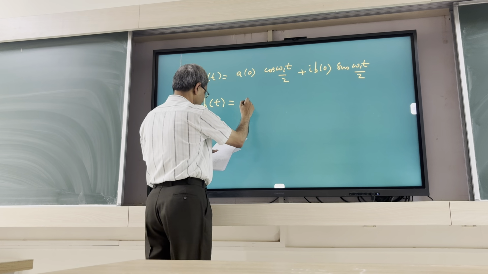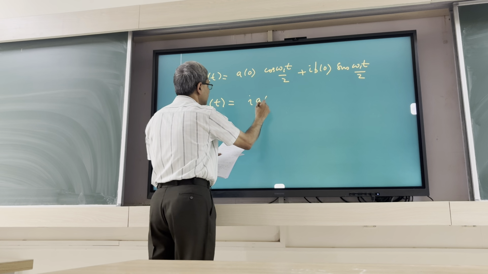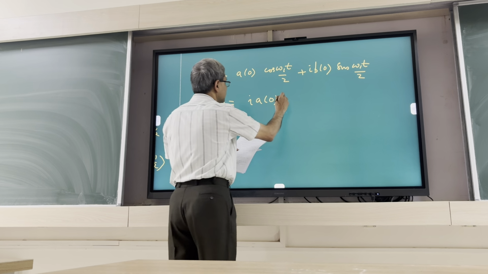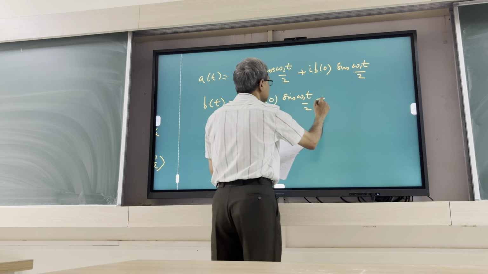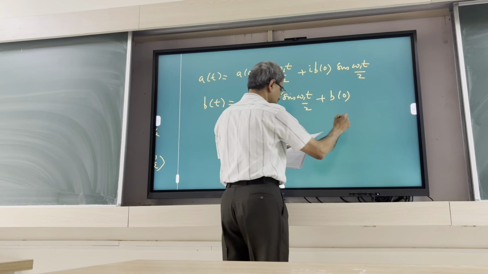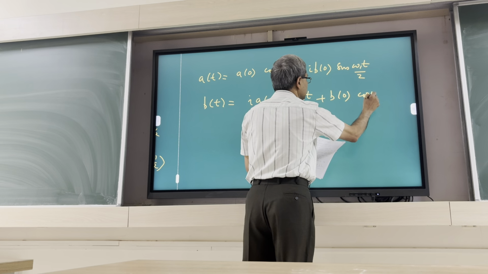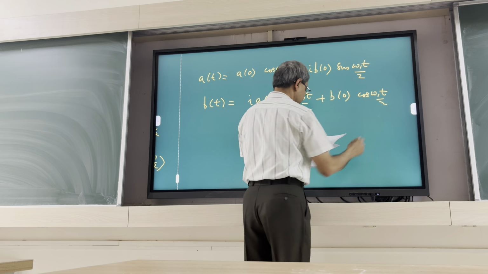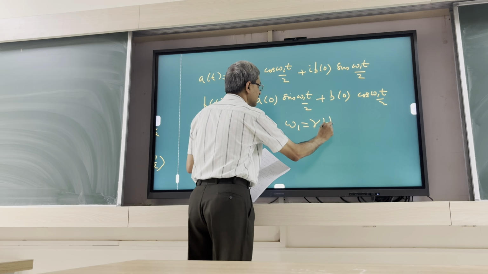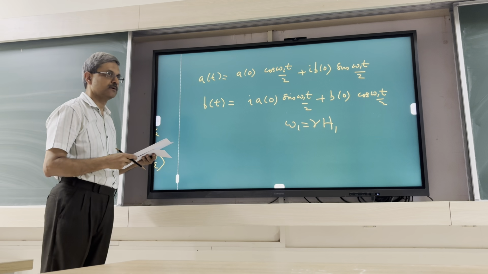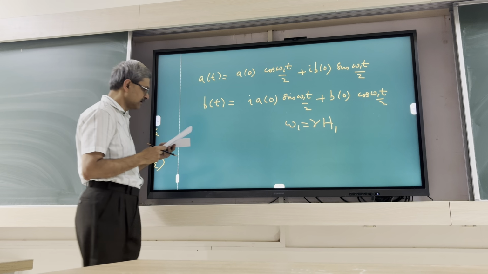So the second one is i A0 sin omega 1 t by 2 plus B0 cos omega 1 t by 2. And of course this omega 1 is gamma h1.